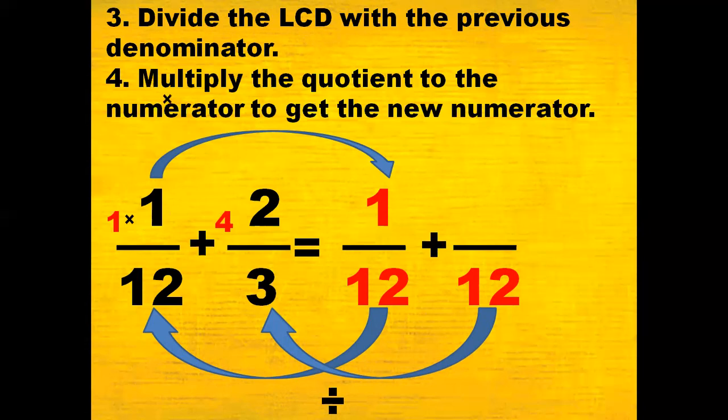And 4 times 2, the answer is 8. So the equivalent fraction of 1/12 is still 1/12, and the equivalent fraction of 2/3 is 8/12. Since 1/12 plus 8/12 are already similar fractions, we can now proceed to adding their numerators.